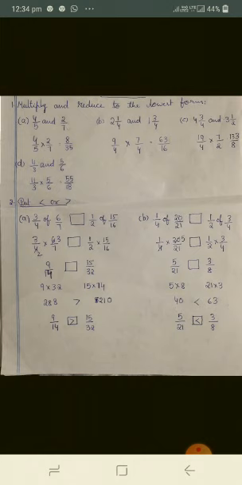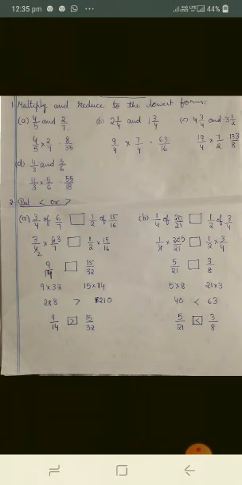Another example, they have given two sides with some fractions. They asked to keep a greater than or less than symbol in that box. 3 by 4 of 6 by 7, 1 by 2 of 15 by 16. They are asking to keep a greater than or less than symbol in that box. So you have to do separate multiplications.